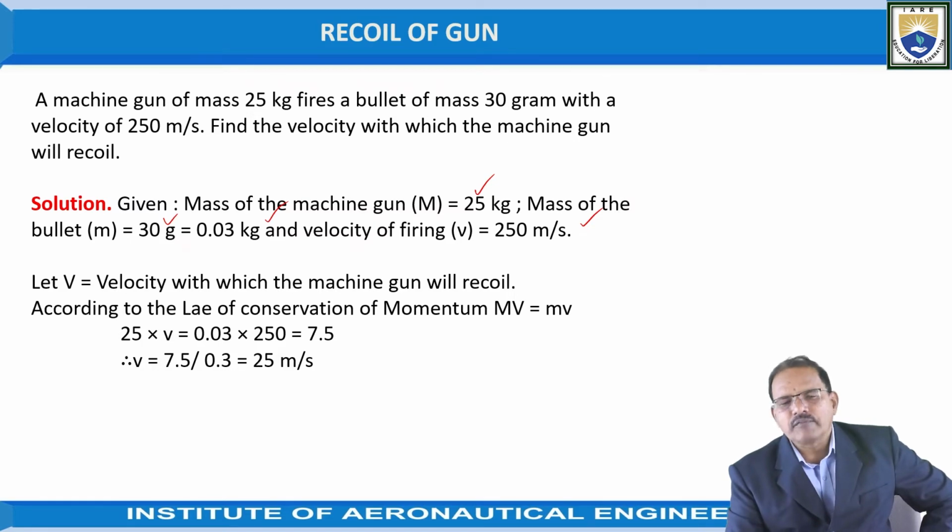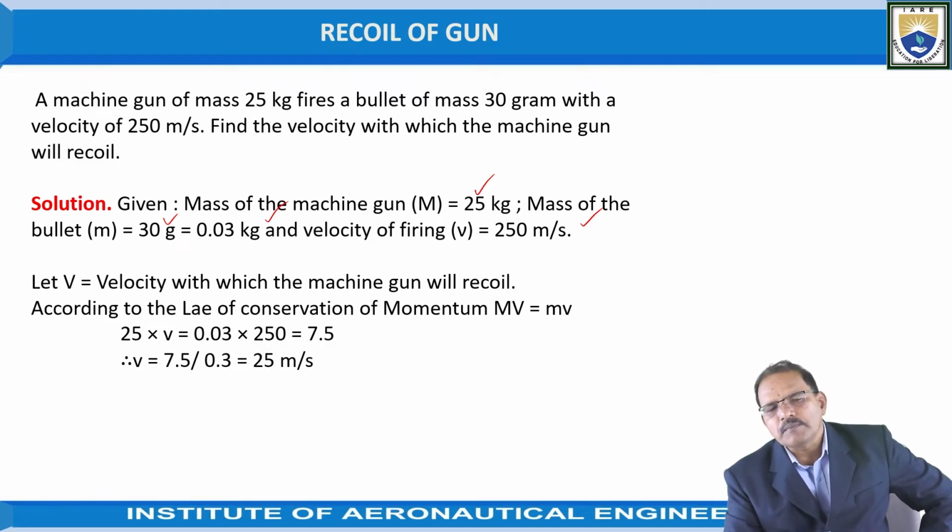According to the law of conservation of momentum, the momentum possessed by the two bodies before the collision should be equal to the momentum possessed by the bodies after the collision. But here the gun is moving in the direction opposite to that in which the bullet is fired. Hence, the momentum possessed by the gun should be equal to the momentum possessed by the bullet.